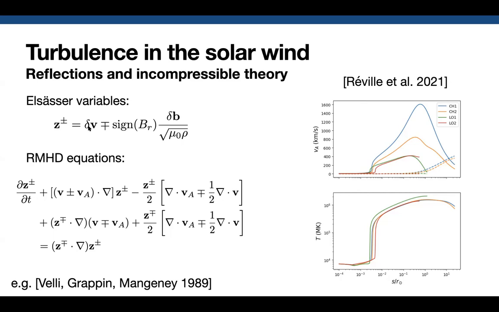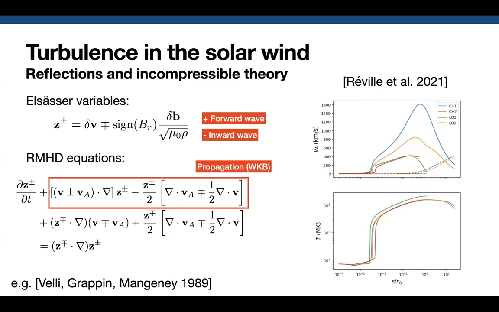We write that it's equal to the perturbation of velocity minus plus the sign of the guide field, here it's B_R for instance, times the perturbation in the magnetic field normalized to an Alfvén velocity. Okay, so essentially here plus is a forward wave, assuming that you have a positive polarity, and minus is an inward wave in a positive polarity as well. And it's the opposite when the sign of B_R changes.